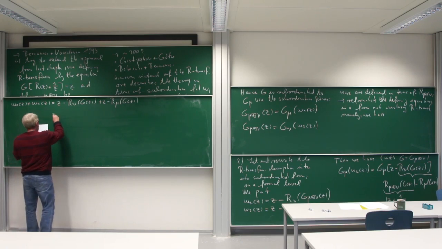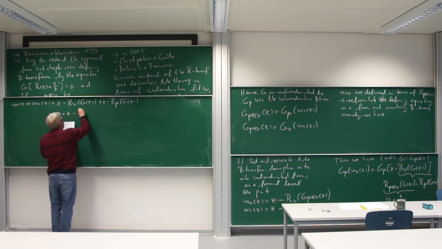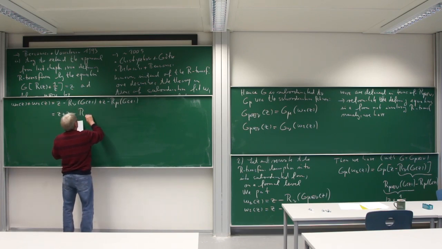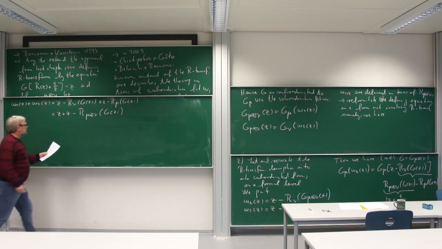So what I have is z plus z minus, free convolution is additive, so this here is R of the free convolution mu plus nu, with the argument G of z.